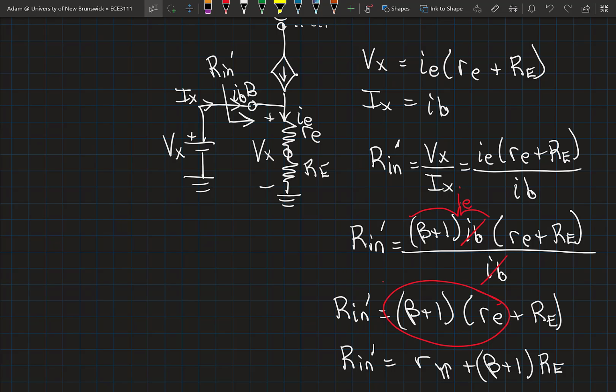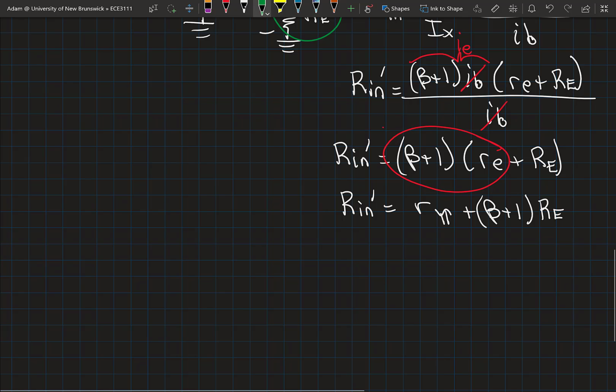And if you think about this for a second, it makes sense that the resistance is not just the sum of these two resistors, because these two resistors are carrying a current that's beta plus 1 times larger than the current from the point I'm looking in at. So those resistors are scaled by beta plus 1 times.